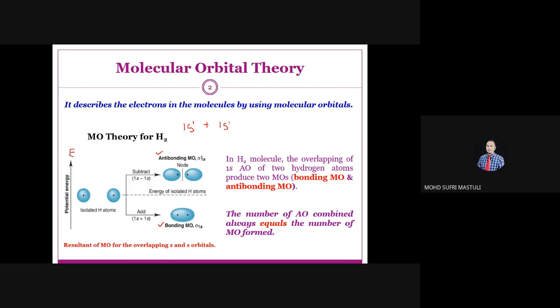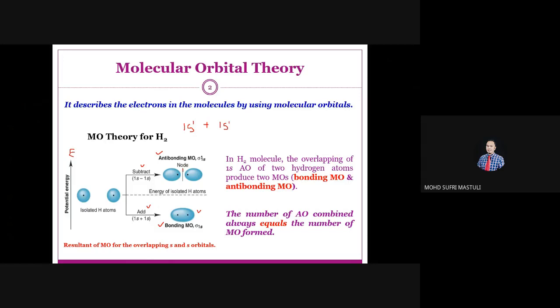The shape of the molecular orbital is slightly different compared to the isolated atomic orbitals. In a bonding molecular orbital, it means addition, 1s plus 1s. So we add the atomic orbitals and it becomes symmetric. However, the anti-bonding molecular orbital is a subtraction, 1s minus 1s. For the anti-bonding, it is very special because there is a node in the middle.